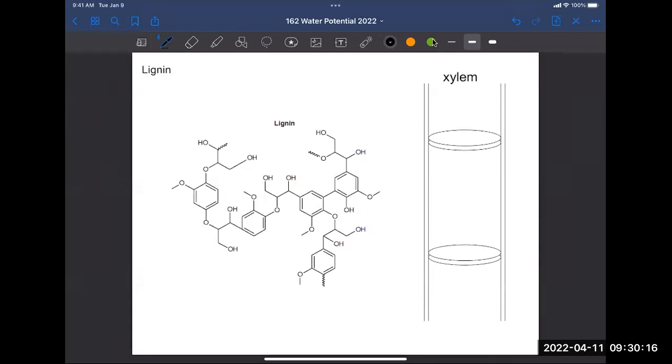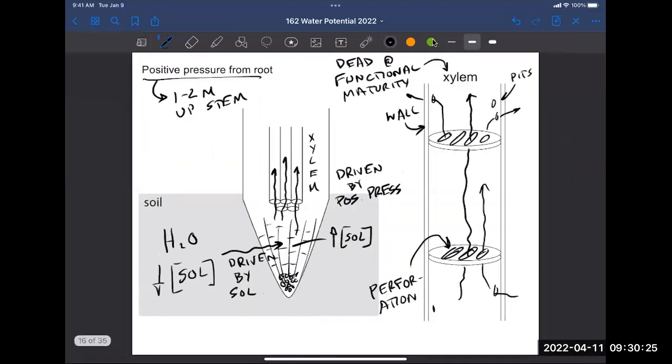Because if it was just cellulose, it'd be like a paper towel. Water can kind of go in and out through the cellulose, but with this lignin in there, it makes them more hydrophobic. So if you imagine that the cell walls of the xylem have this sort of hydrophobic quality, then it does actually help to have some little holes in there to let water escape, to answer your question.